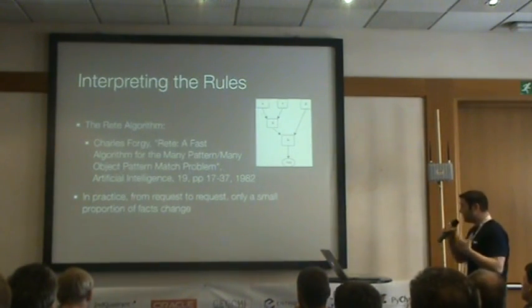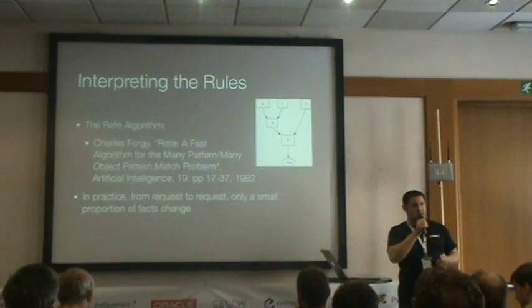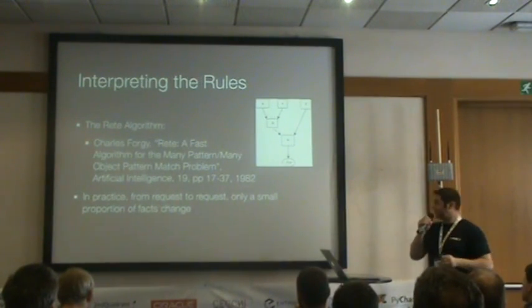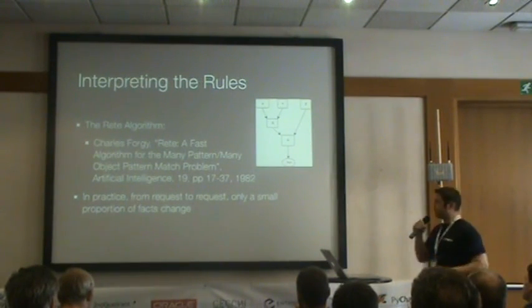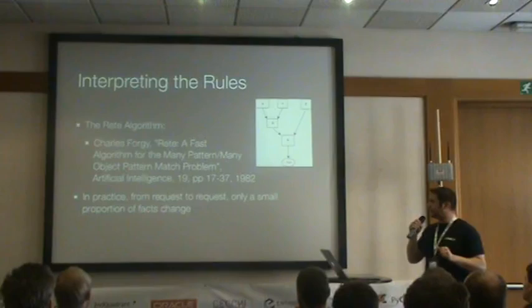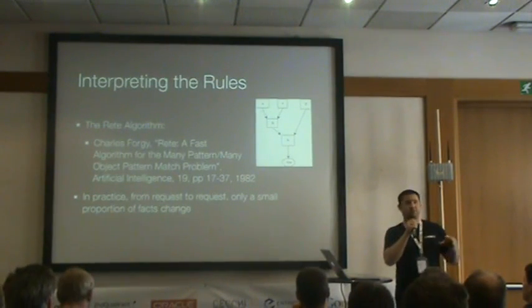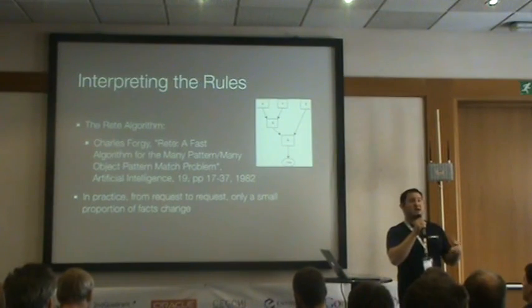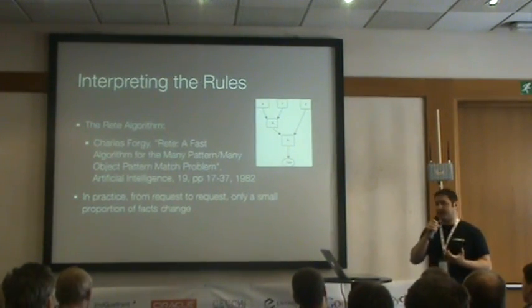Now, one thing I want to speak very briefly about is how you should interpret rules. And basically, the seminal work on this is listed up here by Charles Forgy, and it's the Rete algorithm. So this is going way back to the 80s when people were doing expert systems and having computers that would figure things out by just a rules-based system.